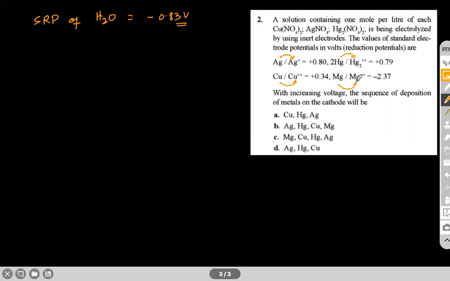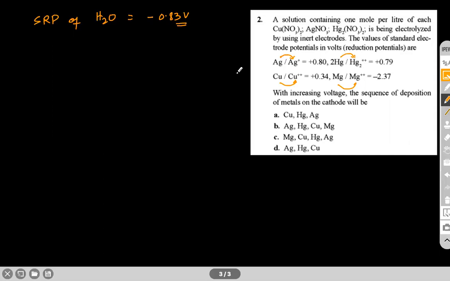So for magnesium, you see the standard reduction potential is very less, right? And it is talking about mole per liter, each of these being electrolyzed. A solution containing 1 mole per liter means we have to assume an aqueous solution, correct? Since magnesium reduction potential is lower than that of water, it means magnesium won't get reduced.